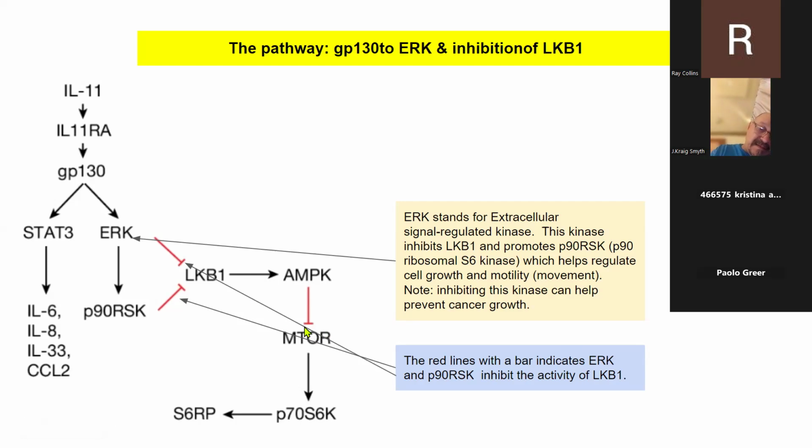So if mTOR is inhibited, that reduces the production of P70 S6K and S6RP, which has interesting consequences for cellular growth.